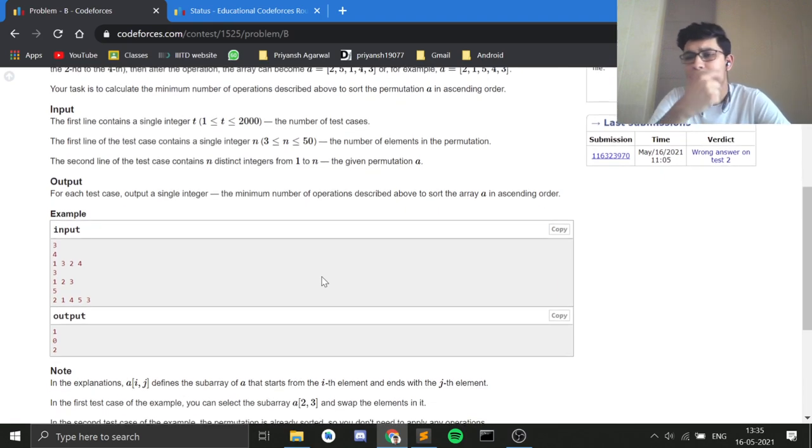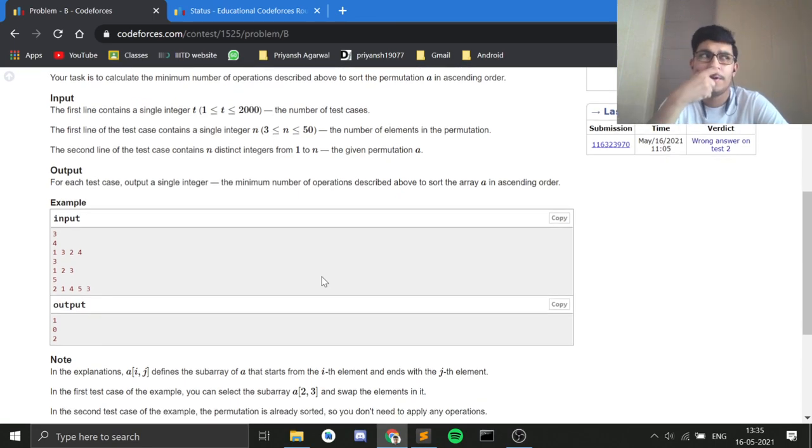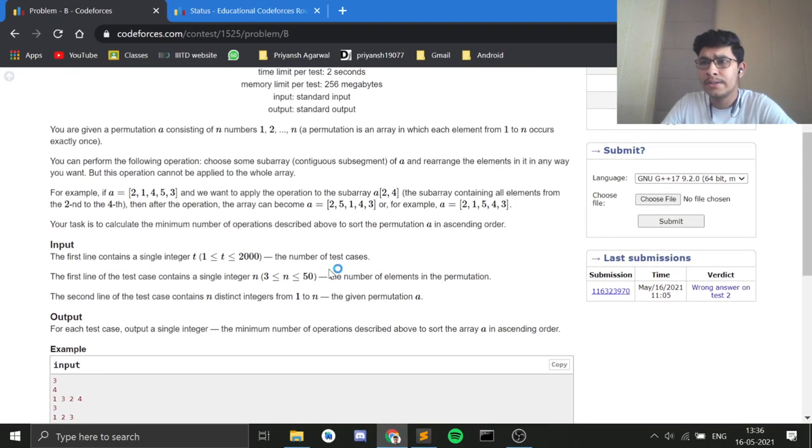So first of all, it is always possible to do it in two steps, and 0 is also fine, but the case is about one step. If you have 1 at the very beginning, then you can select the last suffix containing n minus 1 elements. If there is n at the end, then you can select the first whole thing.